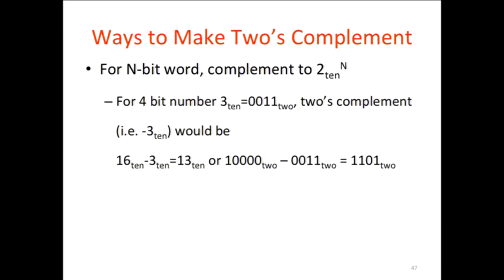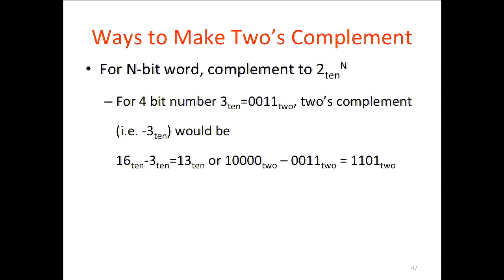Since this is a positive 3, the 2's complement I want to represent is -3 in decimal. So I'm looking at the difference from 16 to 3, because 16 is 2 to the 4. I'm representing this as 4 bits, so 2 to the 4 is 16. 16 minus 3 is 13. I just go and represent 13 in binary, and that's actually 1101. So that is going to be the code for minus 3.